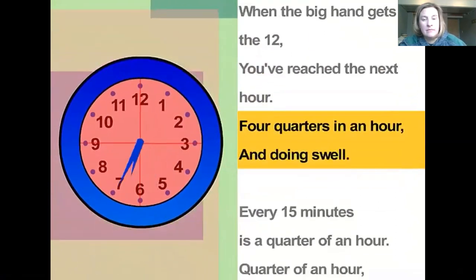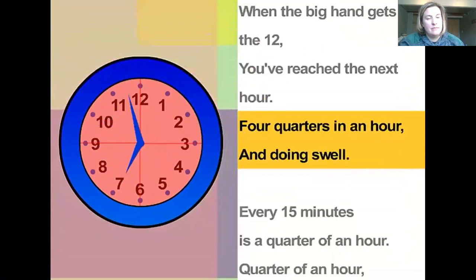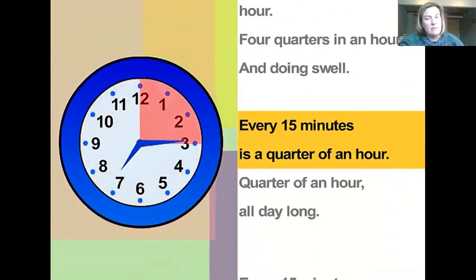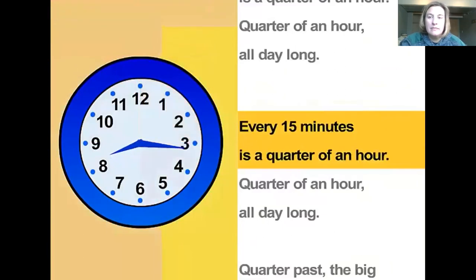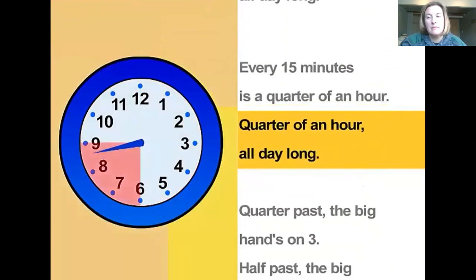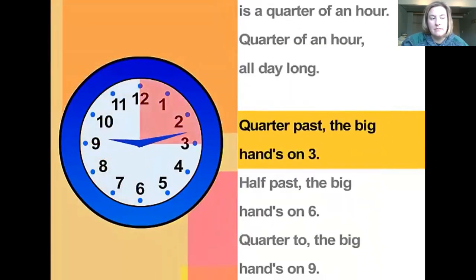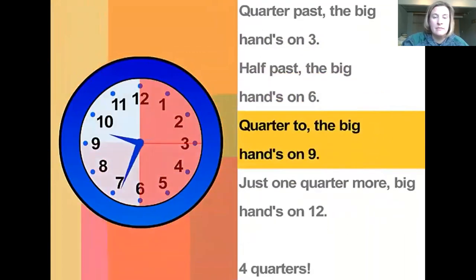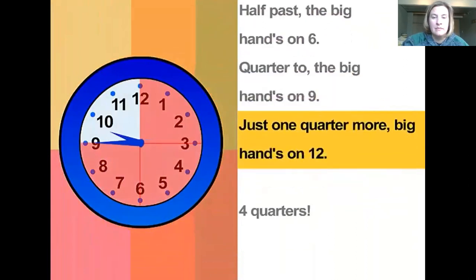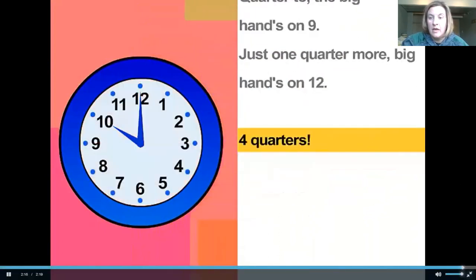Four quarters in an hour. Quarter past, the big hand's on 3, half past, the big hand's on 6, quarter to, the big hand's on 9, just one quarter more, the big hand's on 12. Four quarters.